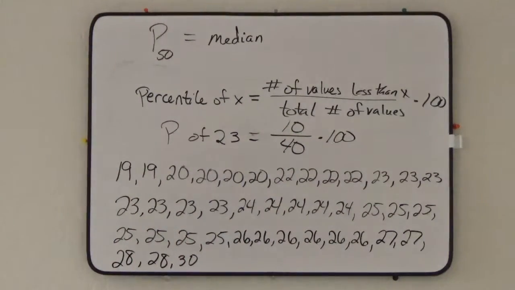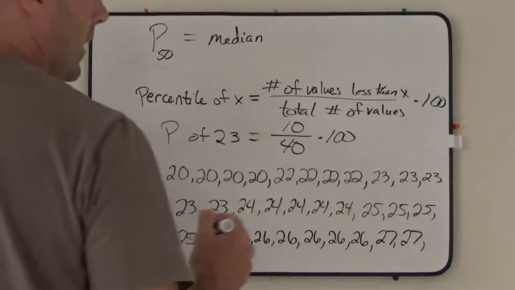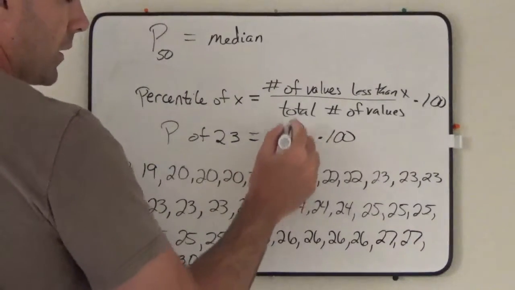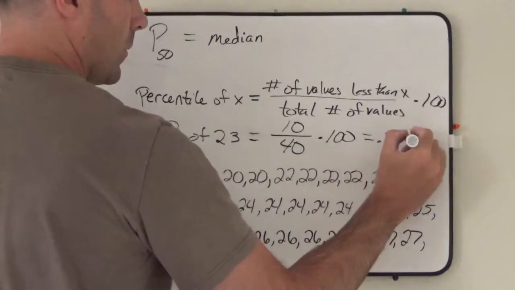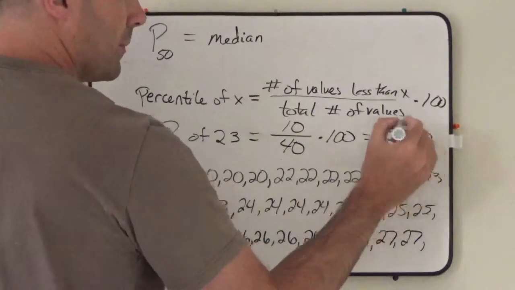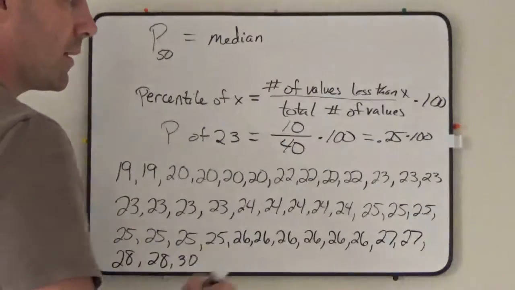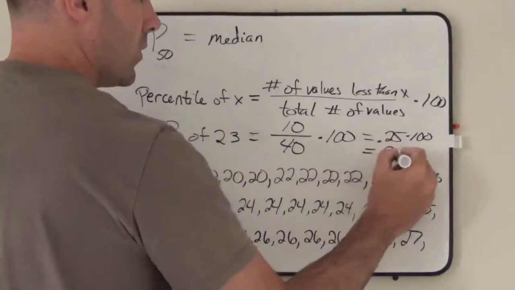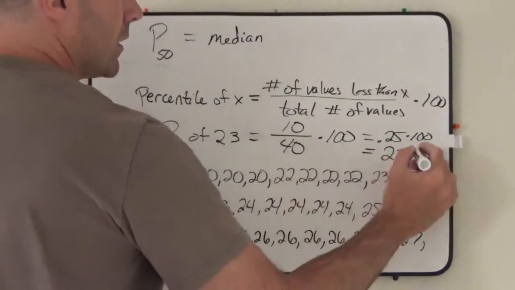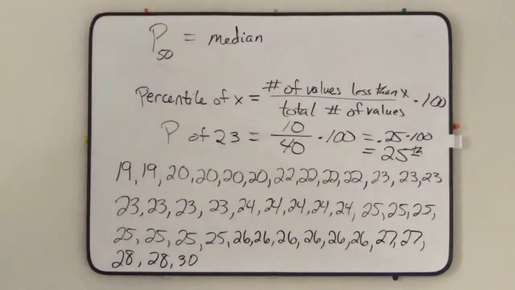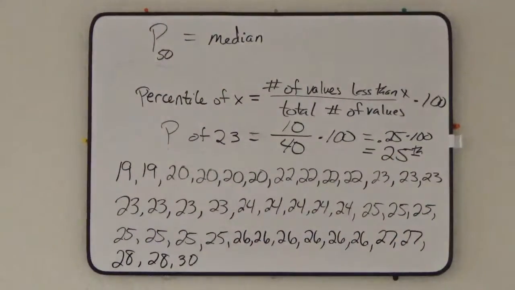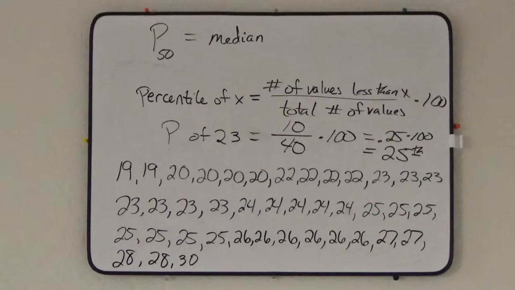When I divide 10 by 40, I get 0.25. When I multiply 0.25 by 100, that basically tells me to move the decimal twice to the right, and I get 25, which is the 25th percentile, okay? So that means 23 is the 25th percentile.